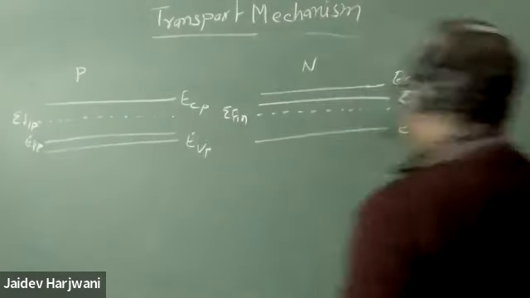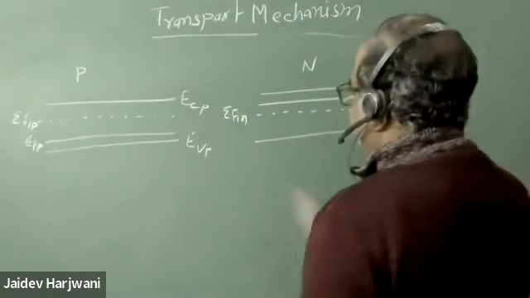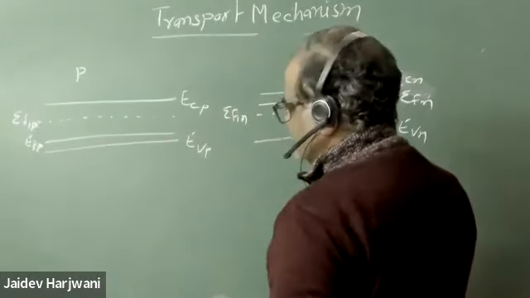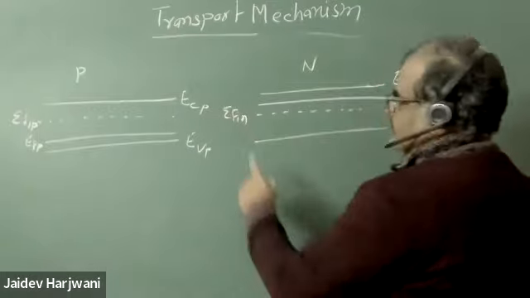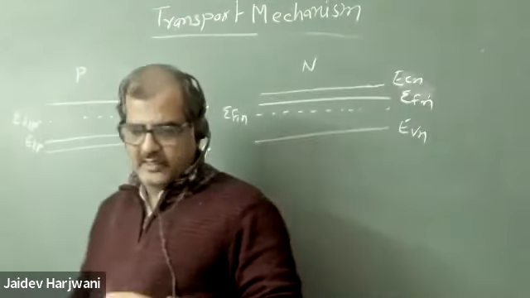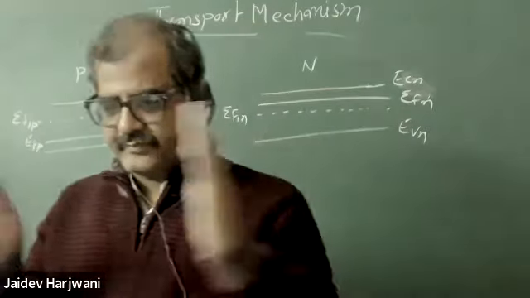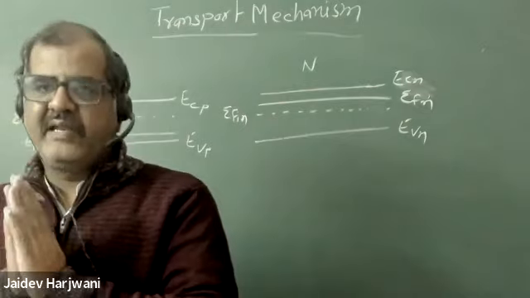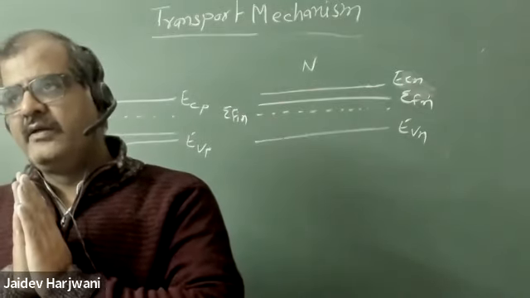Now whenever you bring a p-type material in contact, at the contact what happens? One material can have only one Fermi level. So when you bring two materials in contact, the contact should have only one Fermi level. You cannot have two Fermi levels.